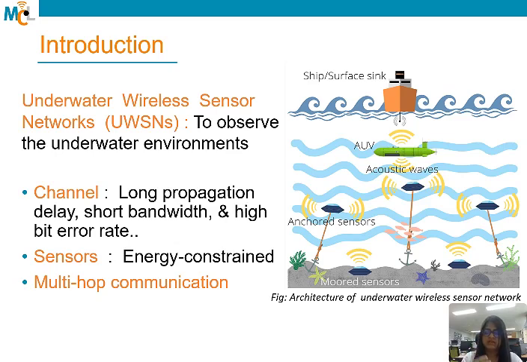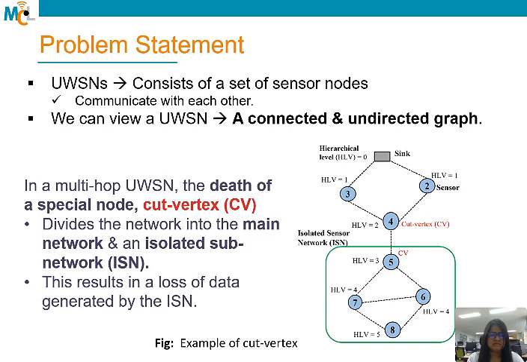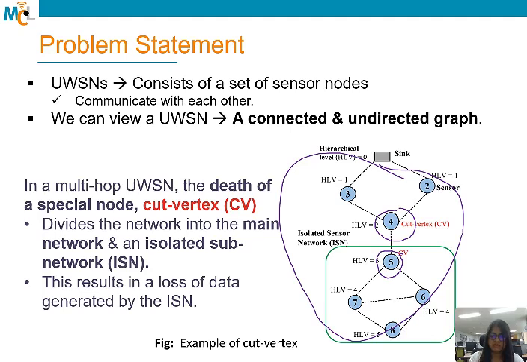The communication between the sensor nodes and the sink happens via multi-hop communication. If we see this set of underwater sensor nodes as a connected and undirected graph, as shown here, certain special nodes, nodes 4 and 5, can cause network division from the main network, which is connected to the sink.